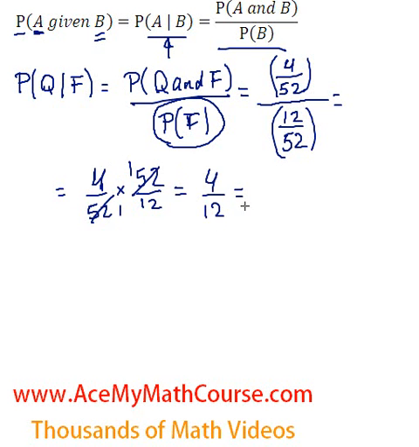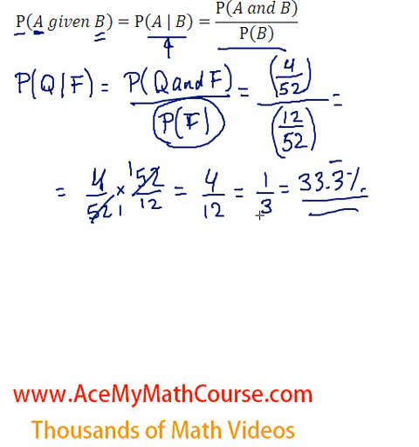And 4 out of 12 can be simplified into 1/3. So basically, given that I have a face card, there's a third chance, or 33.33 repeating percent chance, that I got a queen.